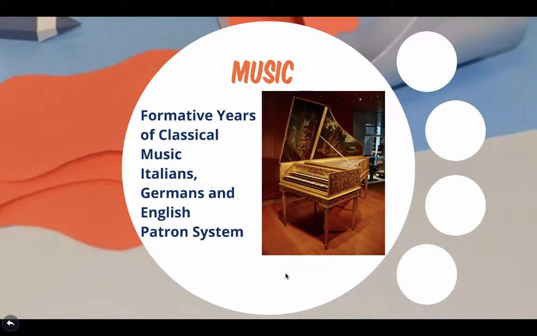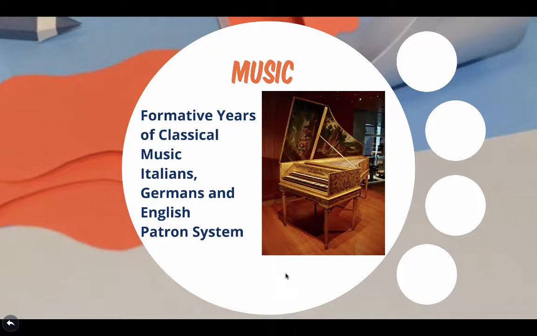Now, music is going to get really big here, okay? This is basically the formative years of what is known as classical music, okay? And we're also going to have things like opera, oratorio, the concerto, and symphonies. All of these things are really what it's going to be all about, okay?